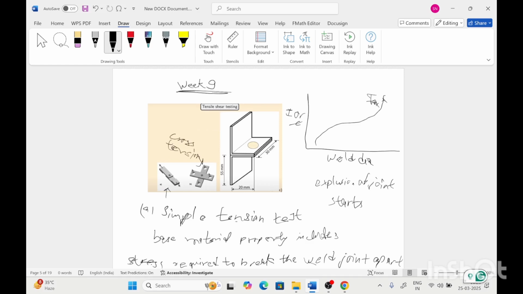In the cross tension test the majority of load is applied to the weld, so that is why it is more accurate. It is very commonly used in order to get the weld joint mechanical properties.